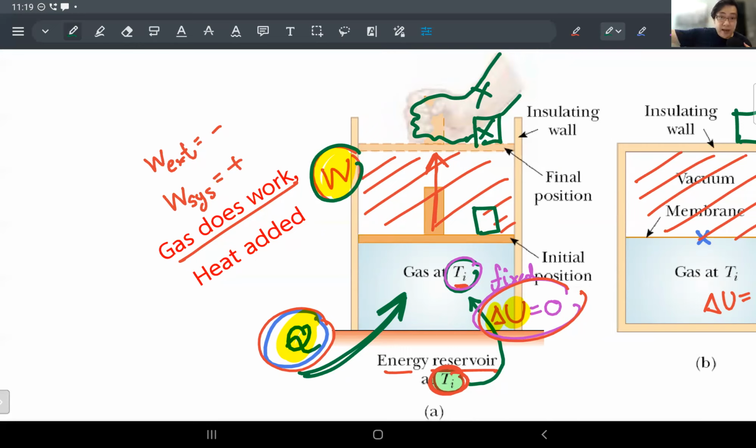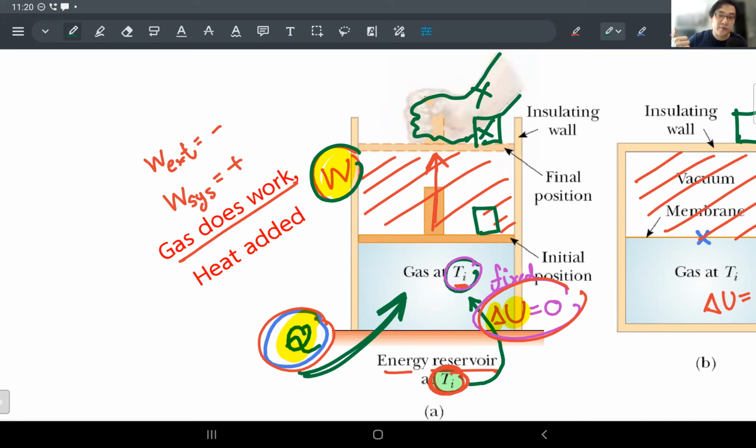You take some energy from the environment, from the reservoir, but then you are doing some work as well. The amount of energy transferred in the form of heat is exactly the same as the amount of work done to expand your volume. So to the gas, the amount of energy stays fixed, no change.